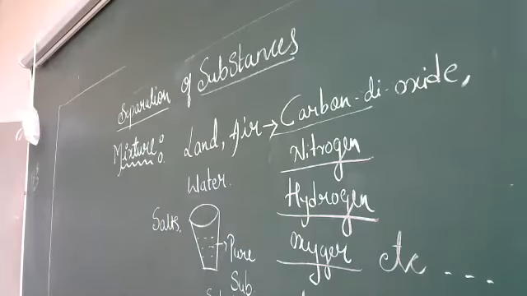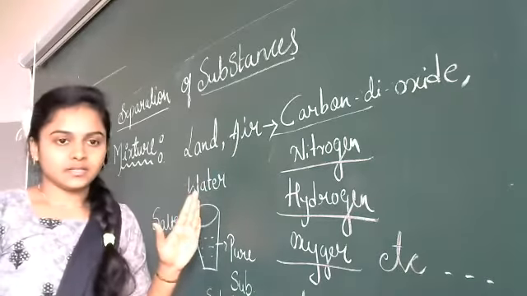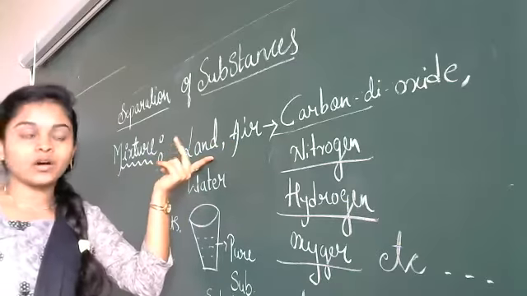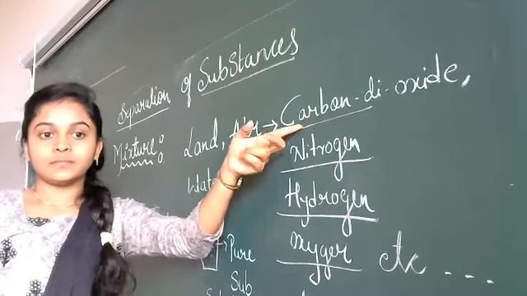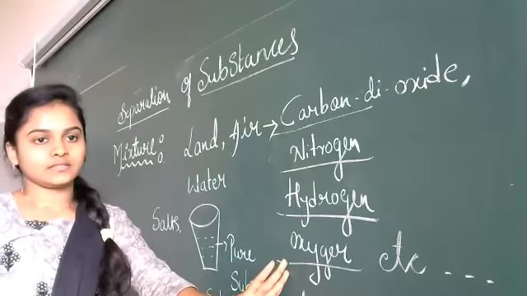So what I am trying to tell is these are all mixtures. Air is a mixture, water is a mixture, land is a mixture, because air is not made by only one gas, but is composed of many gases.